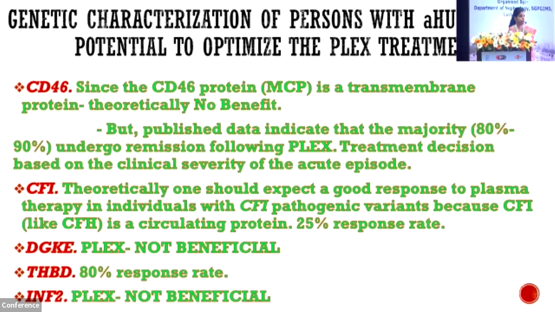It is mostly because CFI is a large protein, okay, and you need large volumes of plasma to correct this deficiency. In cases of non-complement related gene mutations, which are DGKE, the benefit of plasmapheresis is not shown, even in INF2.